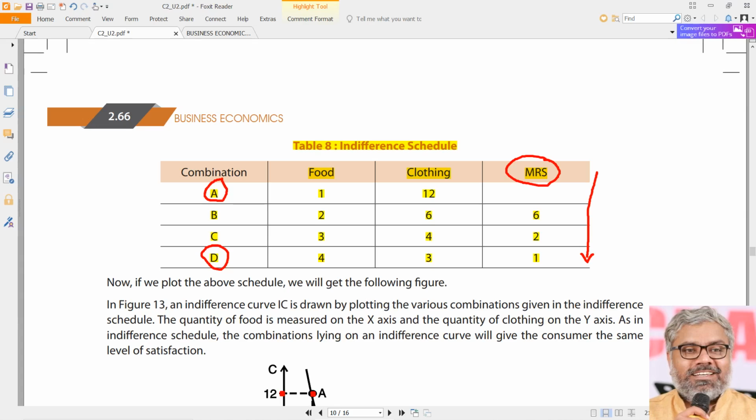If at all, we are talking about an indifference curve where the satisfaction has to be the same. And once we know the rule that more consumption of more commodities automatically gives more satisfaction, because of that rule, when the consumption of one commodity increases, automatically the consumption of the other commodity has to decrease. How quickly it will decrease, how it will decrease, that is a secondary thing, but it will decrease.